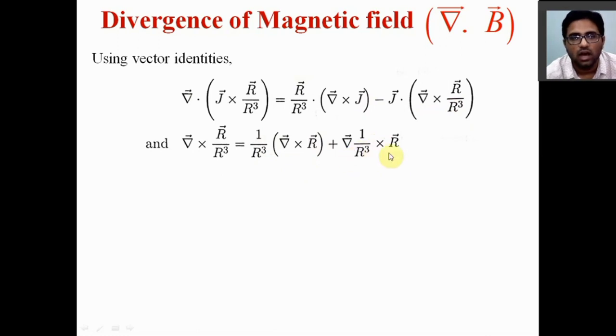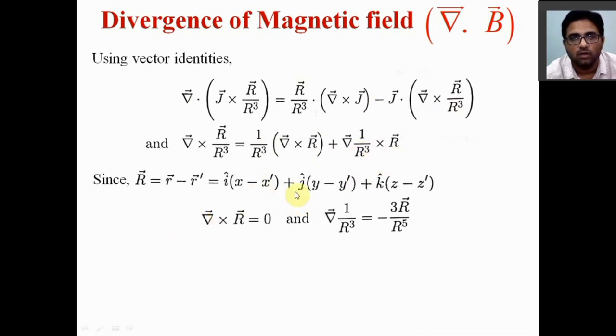Since r is of this form, if we operate curl on r, it will give us 0. So it is very easy to prove. Now gradient of 1 by r cube is minus 3 r vector by r to the power 5. This is simply taking the derivative with respect to r, right?